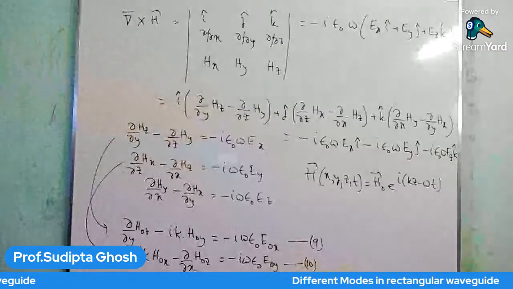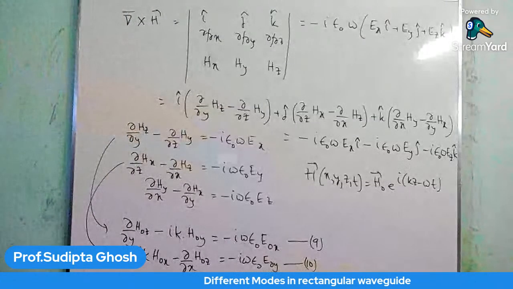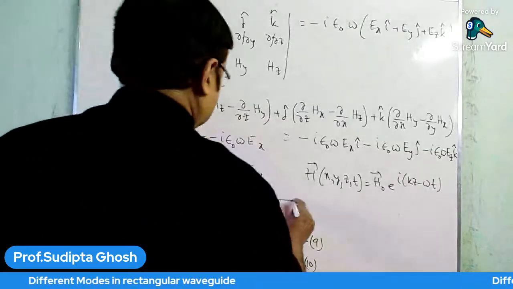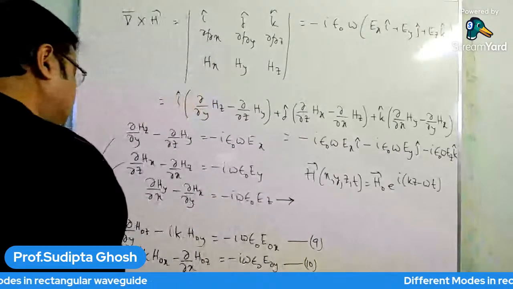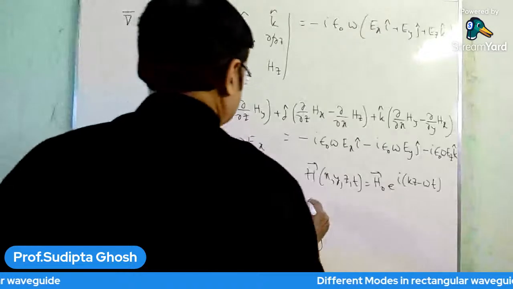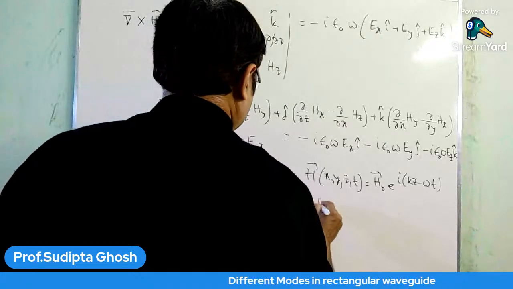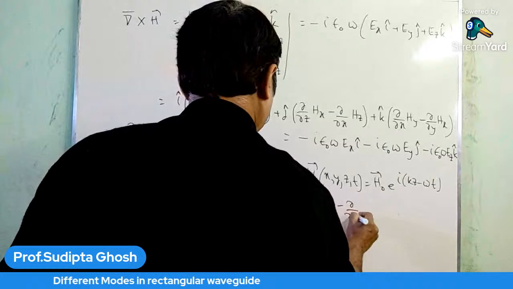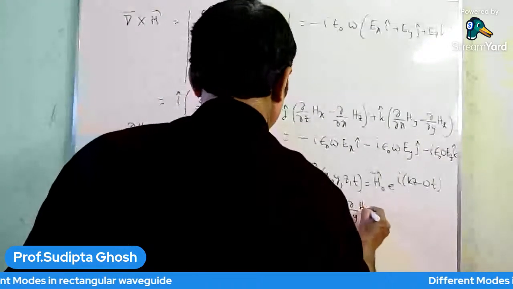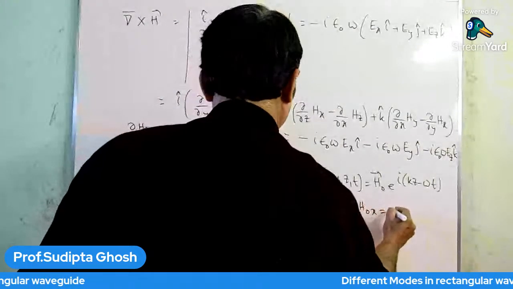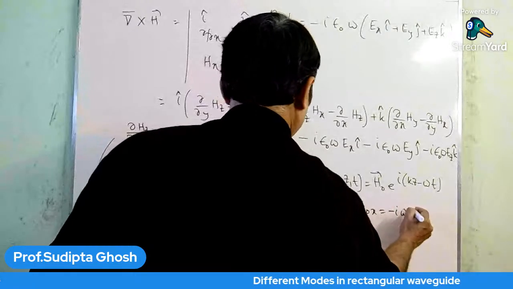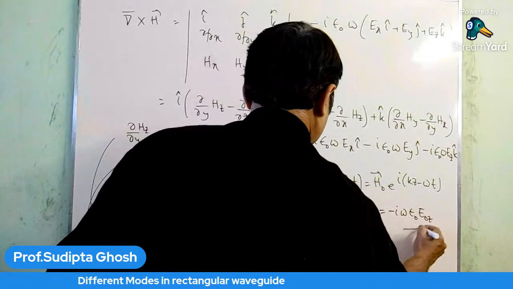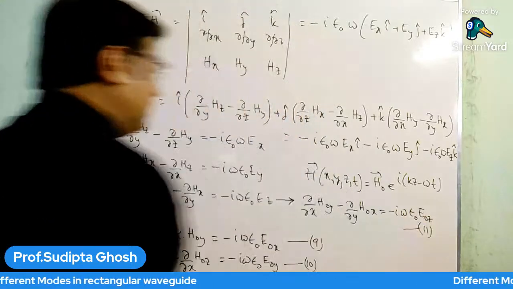I think up to this you have no problem. And then from the third equation we can write del x of H0y minus del y of H0x, and in the right hand side minus i omega epsilon 0 E0z, and let it be equation number 11.